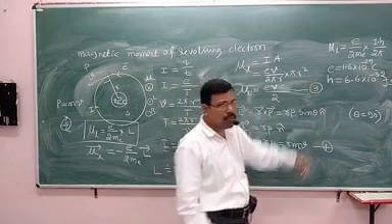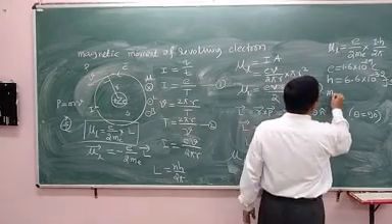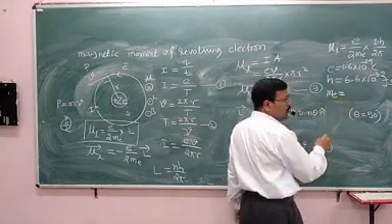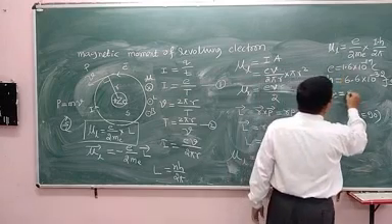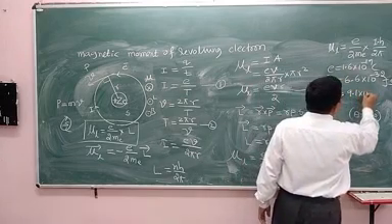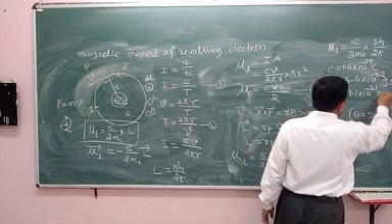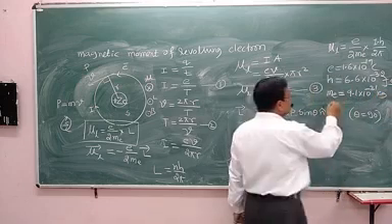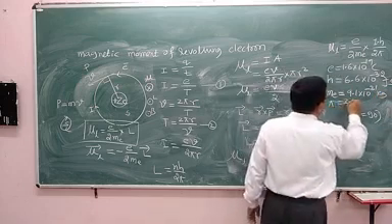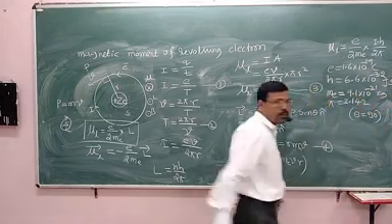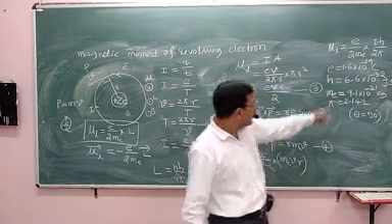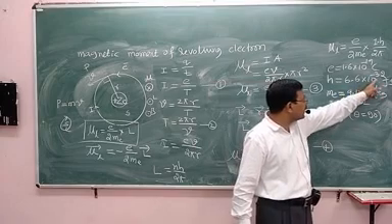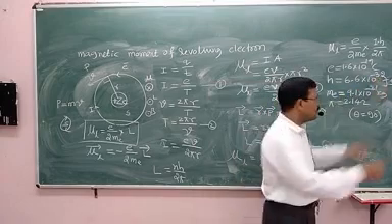And what is the value of the mass of the electron? The mass of the electron is equal to 9.1 into 10 raised to minus 31 kg. And the value of pi is 3.142.